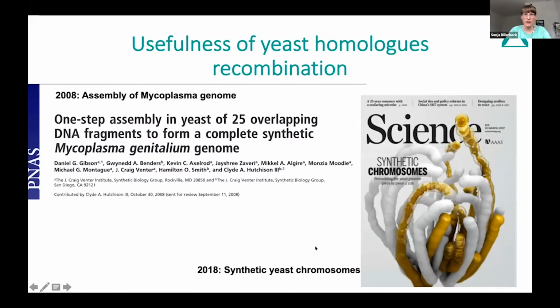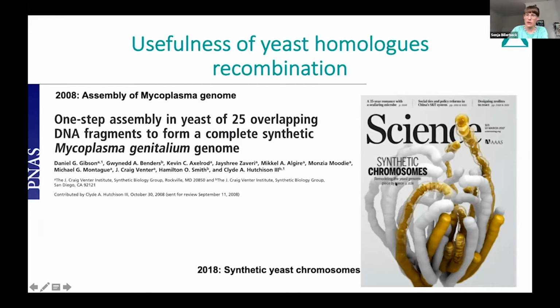Just to give you an example of the usefulness of yeast homologous recombination in science: the whole mycoplasma genome was assembled from 25 overlapping DNA fragments in yeast in 2008. Only afterwards was Gibson assembly invented, but the first method of choice was yeast assembly.